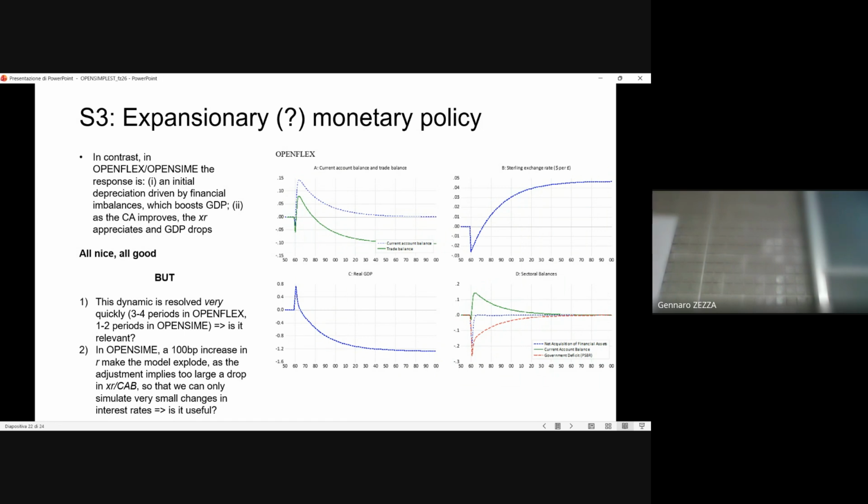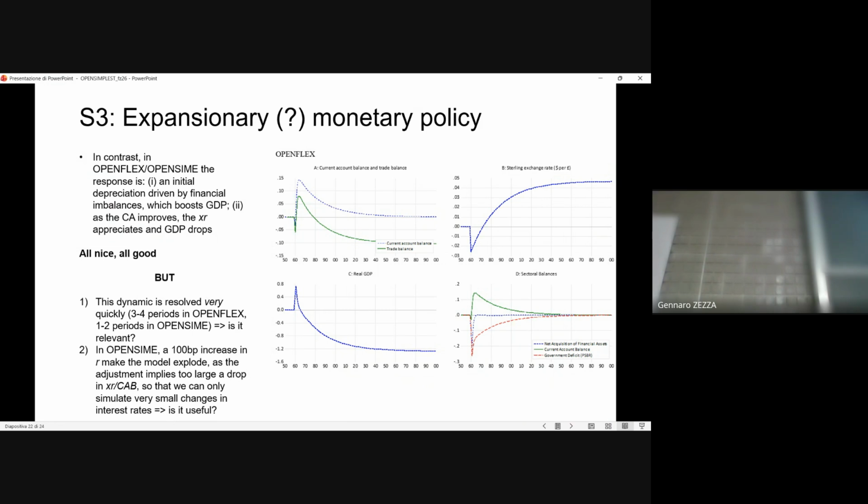But then I went back to the model, the code, and saw a couple of problems. The first one is that if the interest rate shock is high enough, if you try to simulate a shock of 1%, 2% or more in the interest rate, this response is too large.